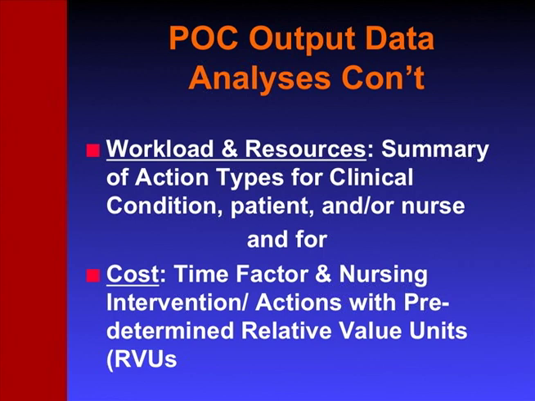To continue with the analysis for workload and resources, they can be determined by a summary of the action types for the clinical condition for the patient or the nurse, and finally, for costs of nursing care, it can be determined by the number and frequency of action types based on predetermined relative value units.